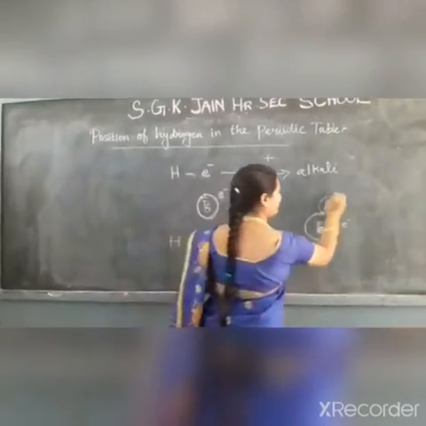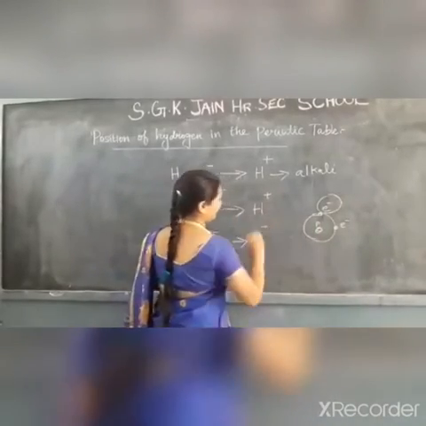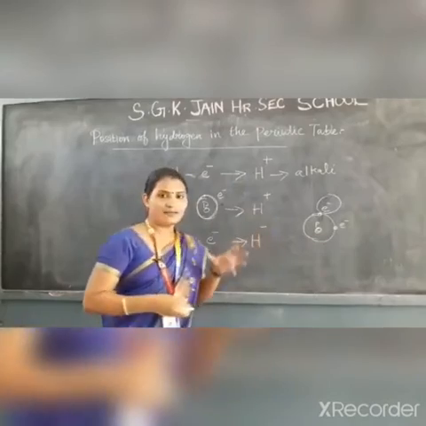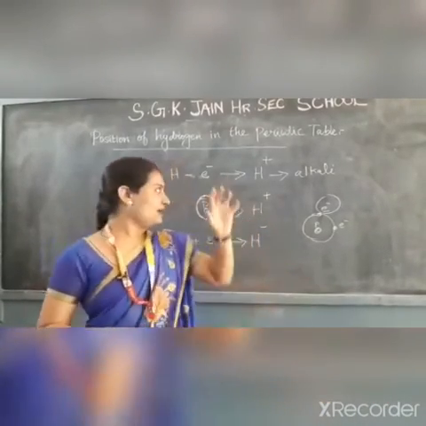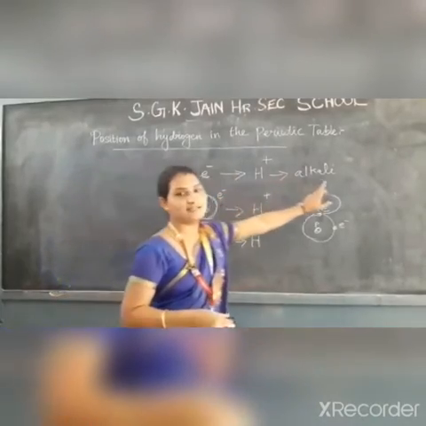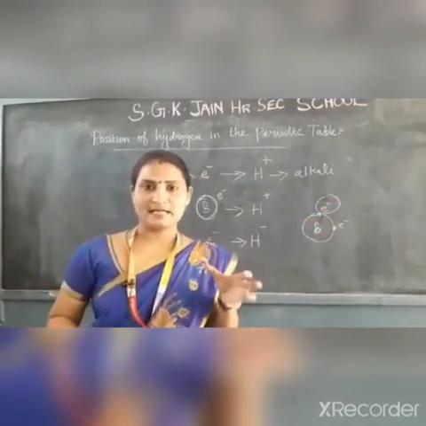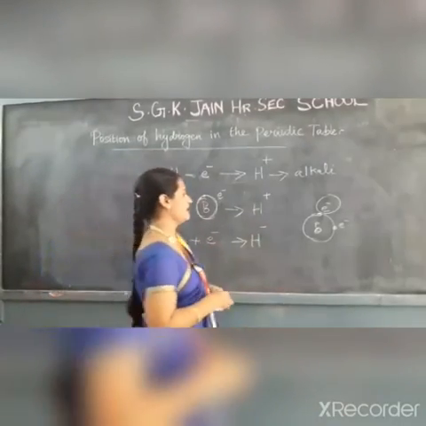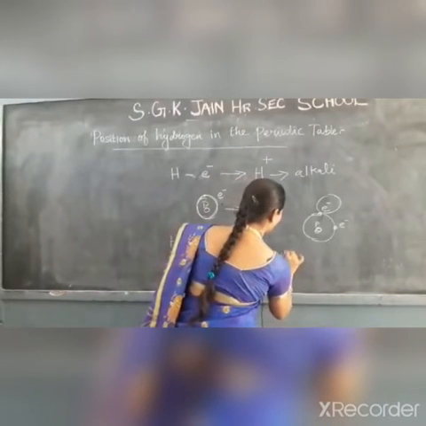So it forms hydride. So when an element tends to lose 1 electron, it is alkali. When an atom tends to gain 1 electron, what is it? Halogen.